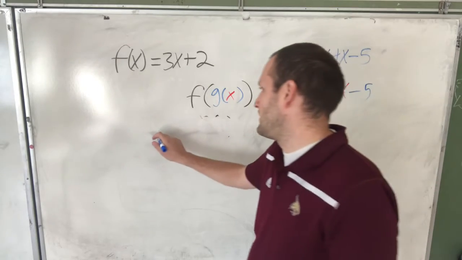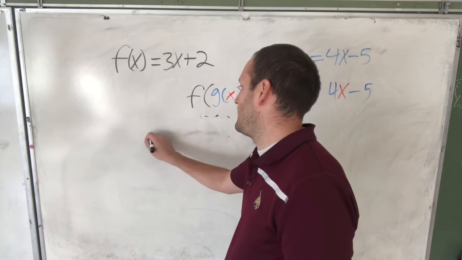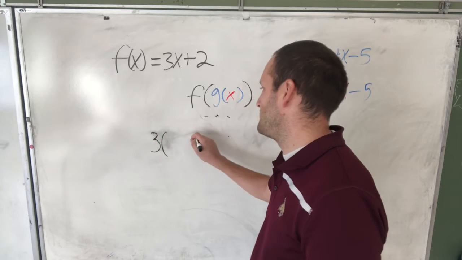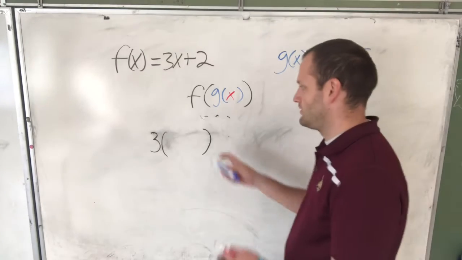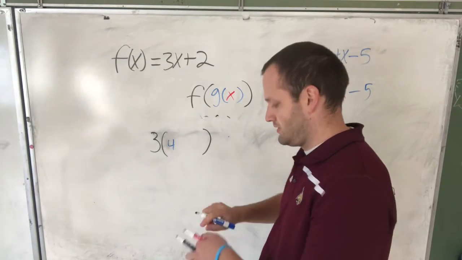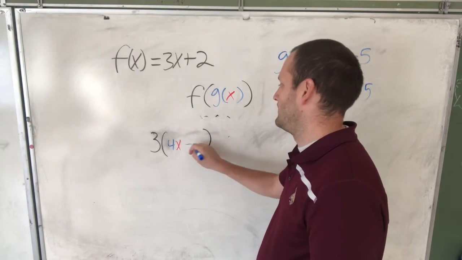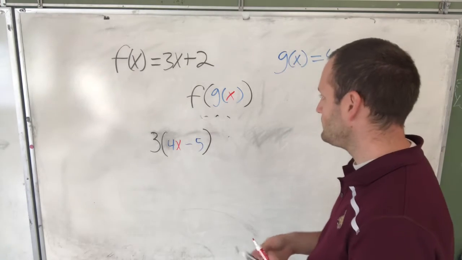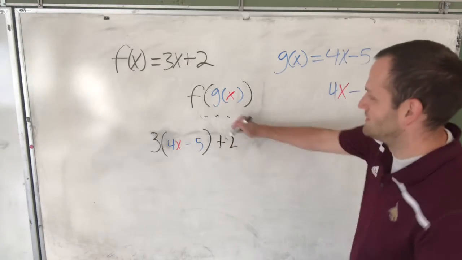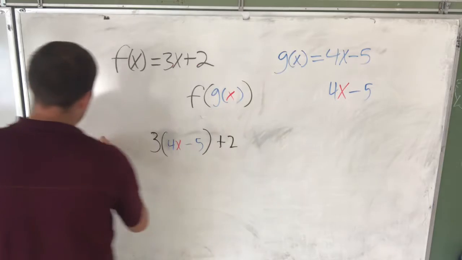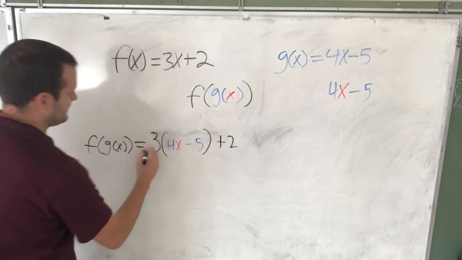So that gives me 3 times, remember I'm not doing 3 times 11 anymore, I'm doing 3 times 4x minus 5, plus 2. Well, that is f of g of x, okay?